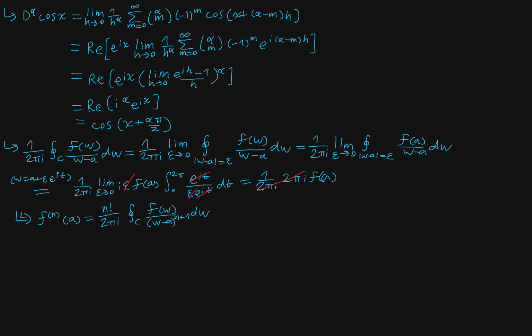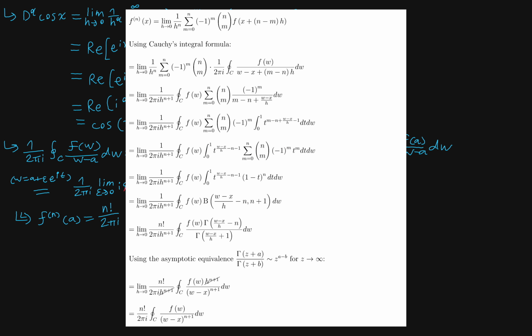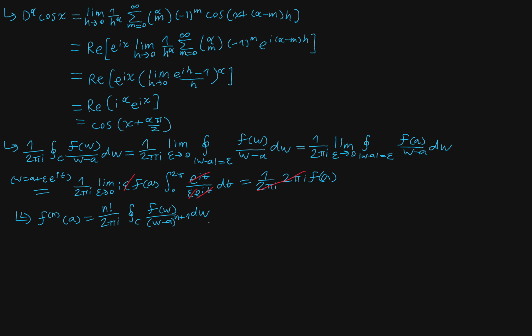We can actually show, as shown here on screen, that the Grunwald-Letnikov derivative is equivalent to Cauchy's differentiation formula. Obviously it's slower to get there than just differentiating Cauchy's integral formula n times, since I literally used that in the proof, but it shows that this is an equivalent definition here.